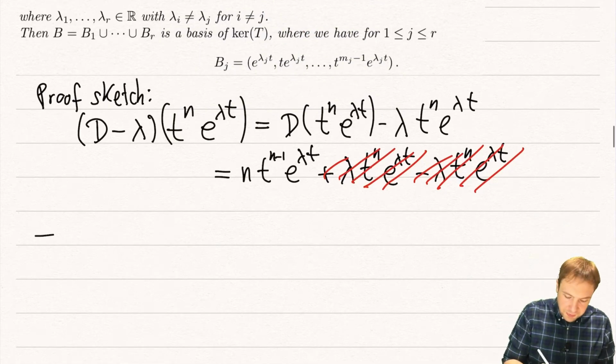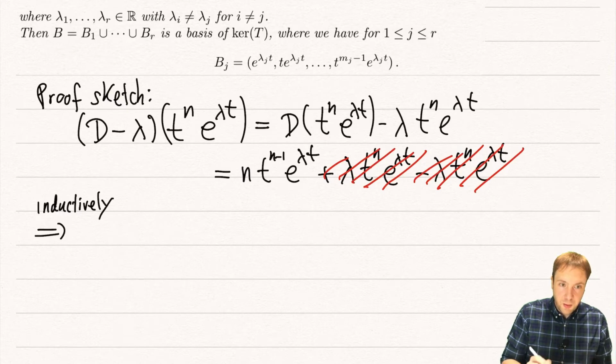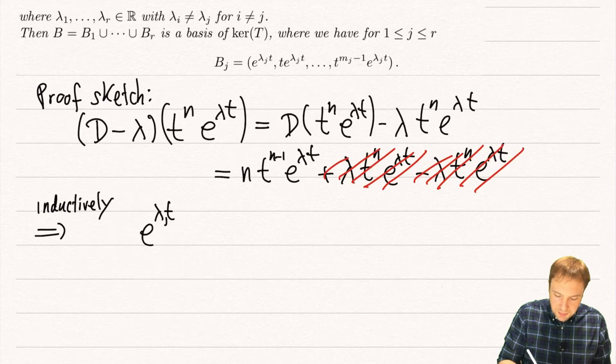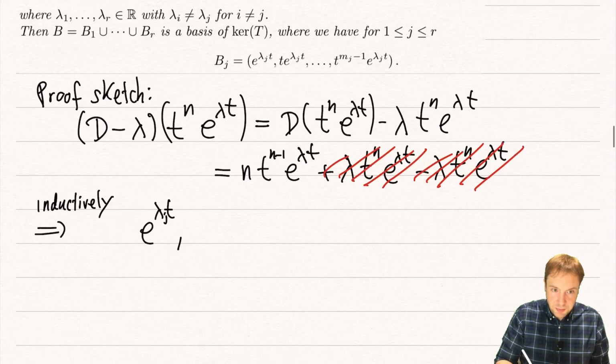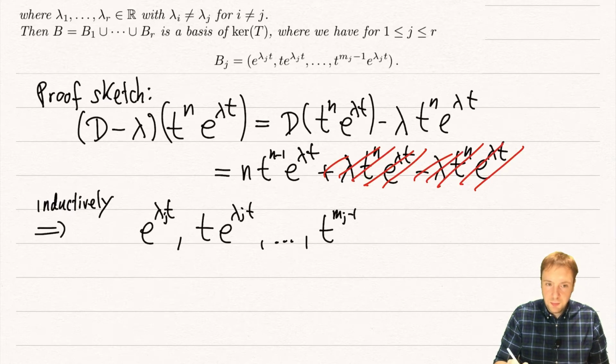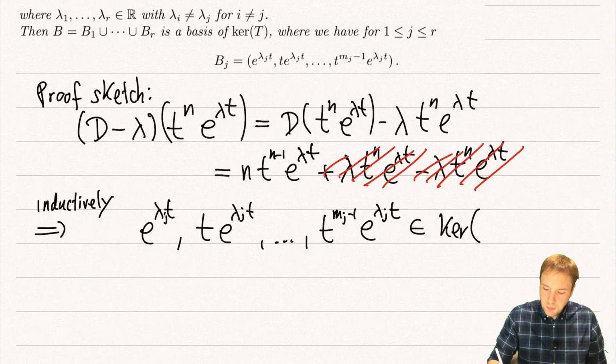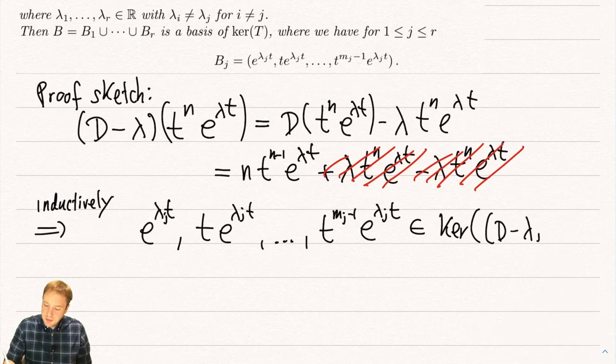So inductively, we see that these elements, e to the lambda jt, t e to the lambda jt, up to t to the mj minus 1 e to the lambda jt, they are all in the kernel of D minus lambda j to the mj.